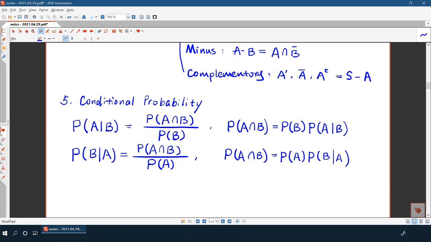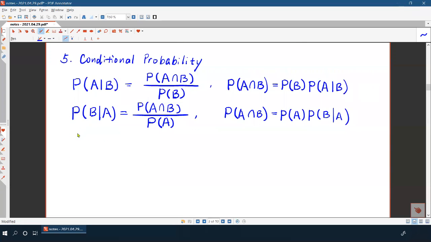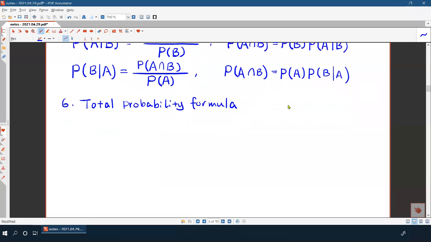Okay, next we have learned the total probability formula. The total probability formula states that the probability of event A comprises two parts.